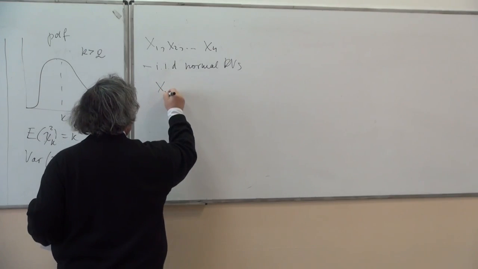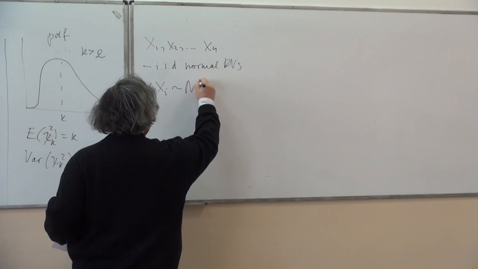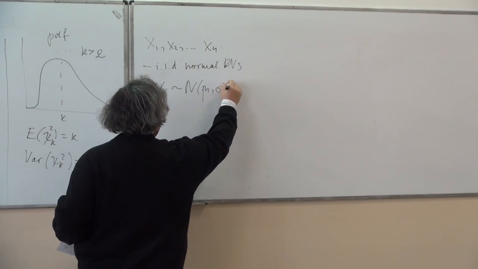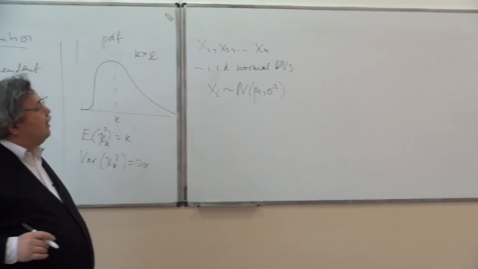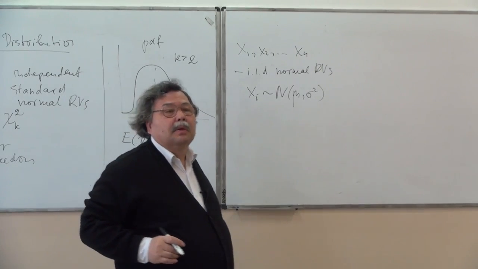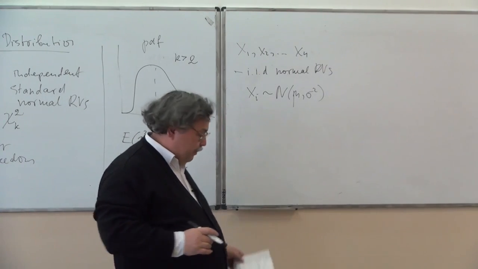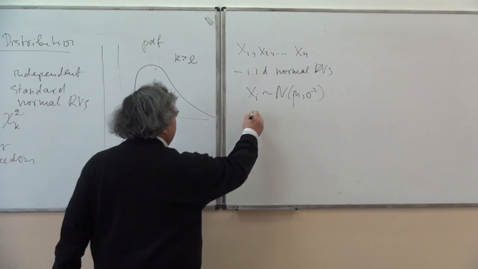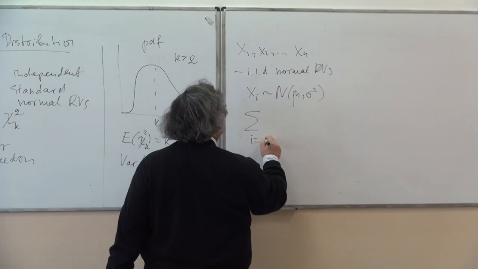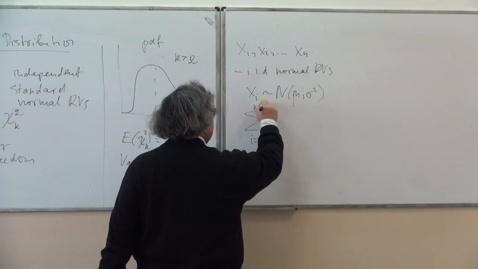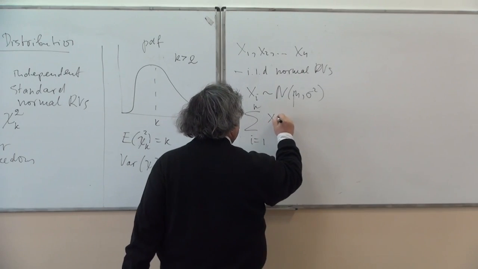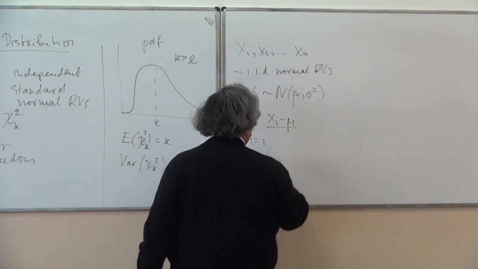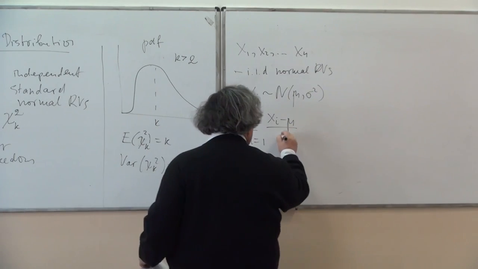Each of these is a normal random variable with some value of mu and some value of sigma squared. Then the sum of xi minus mu over sigma.